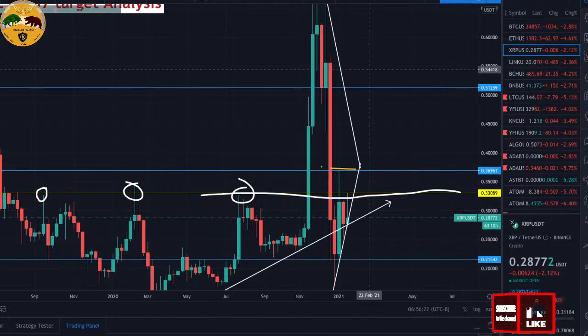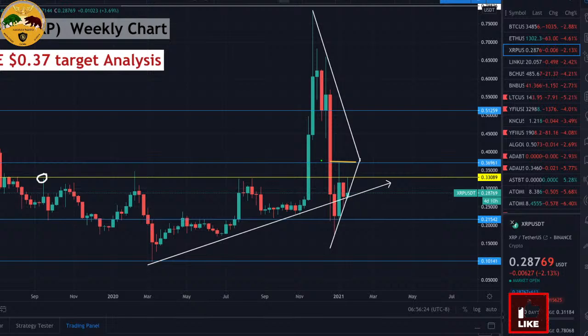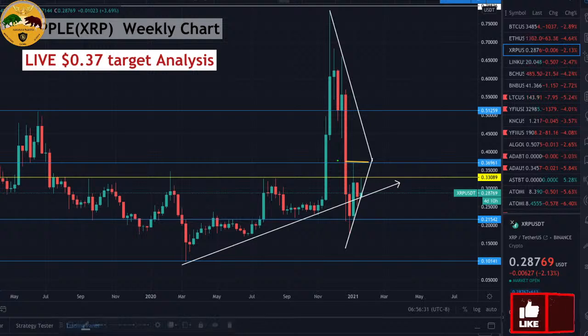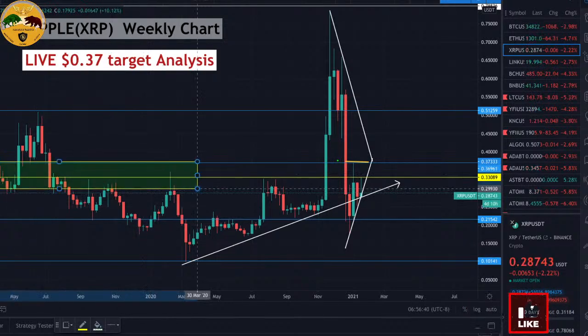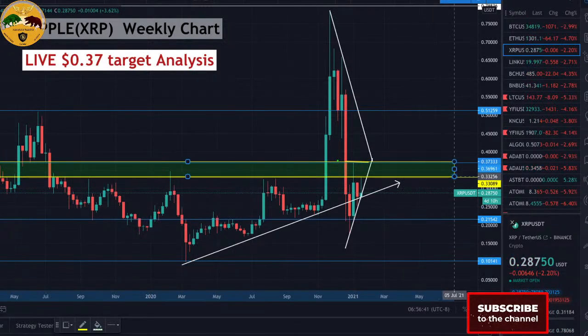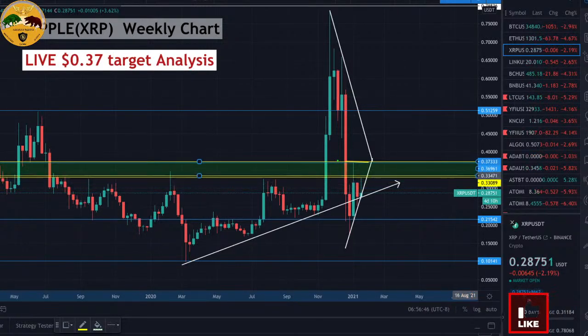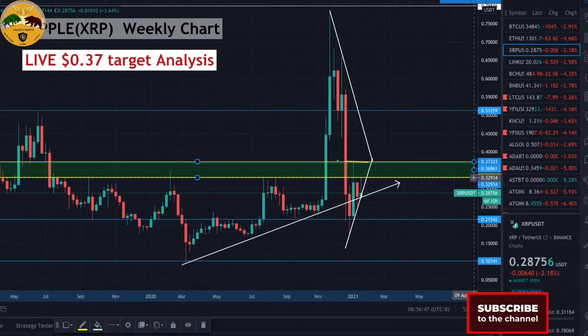And in this situation, if you look closely, you can see the reaction of this particular area, right? So let me show you the area. So this area right here is the resistance area, right?